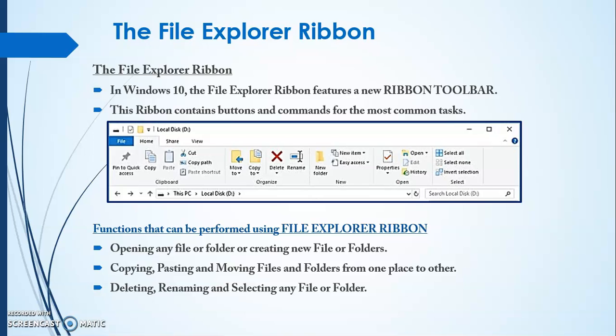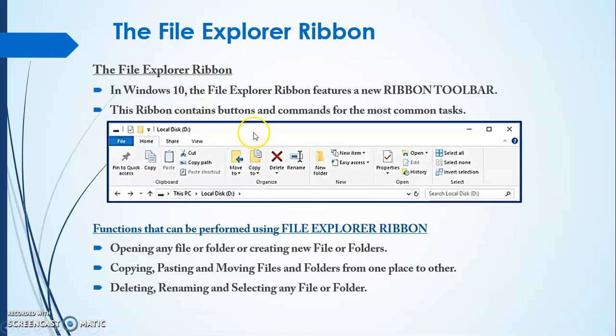This ribbon toolbar consists of all the basic operation tools that you can perform quickly. You can open any file or folder or create a new file or folder. You can copy, paste and move files and folders from one place to another. Again, just see here the icons of move and copy.